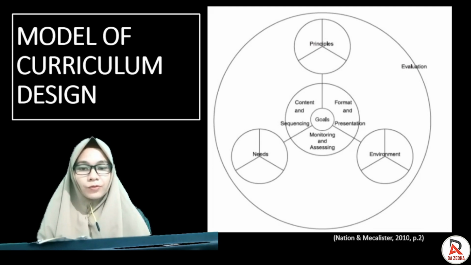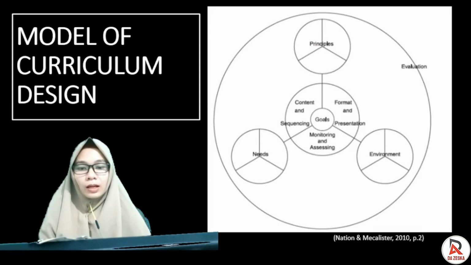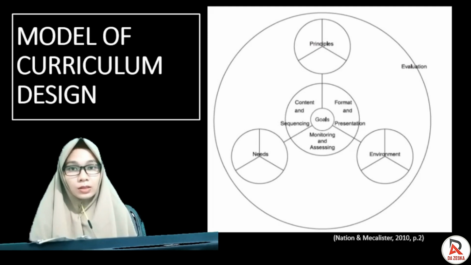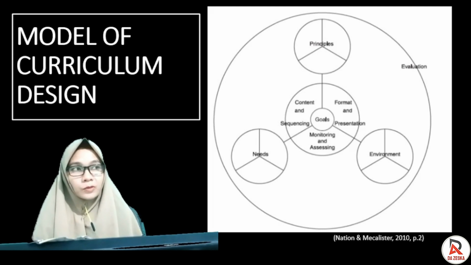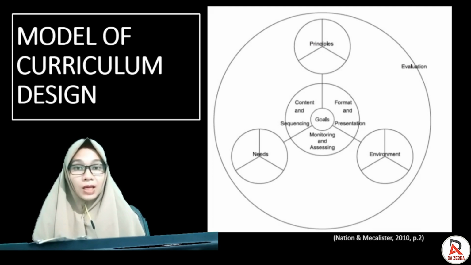For this lesson, the model of curriculum design, we will focus on this book and we will learn the theories about language and curriculum design, models of curriculum design, and what is needed to develop or to practice in class based on this book. So it is actually stated in Nation and McAllister 2010. If I'm not mistaken, the pages start from page 1 until page 13.